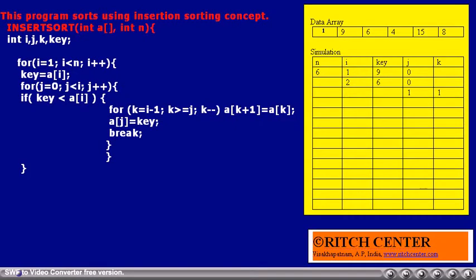That is, k is equal to I minus 1. I value is 2, 2 minus 1 is 1. Is k greater than or equal to j? Yes. Thus a of k plus 1 is equal to a of k. That is, a of k, 9, is moved to a of 2. Thus, in place of 6, 9 will come.